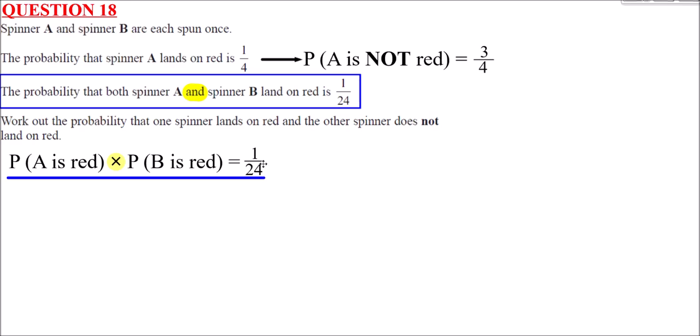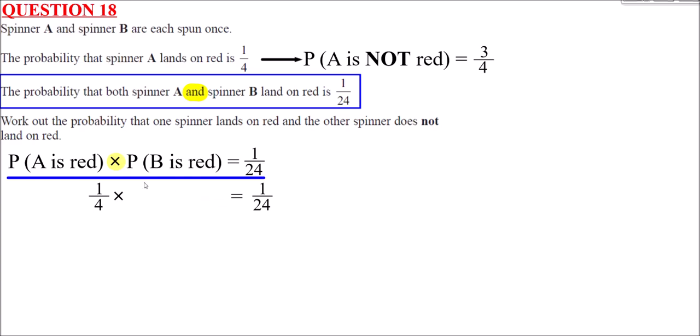However, we know already the chance that A is red. A being red, that's a 1/4 chance. So we can sub in the probability of A being red as 1/4, then focus on what the probability of B being red would have to be. So 1/4 multiplied by the probability of B being red is 1/24. If I forget this for a second, 1/4 multiplied by what would give me 1/24?